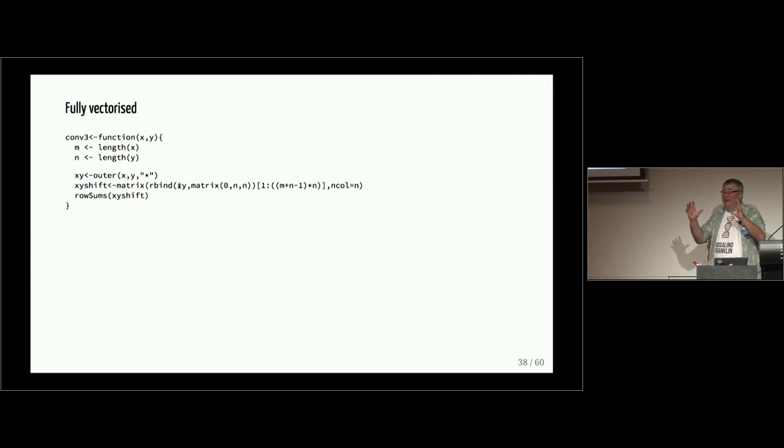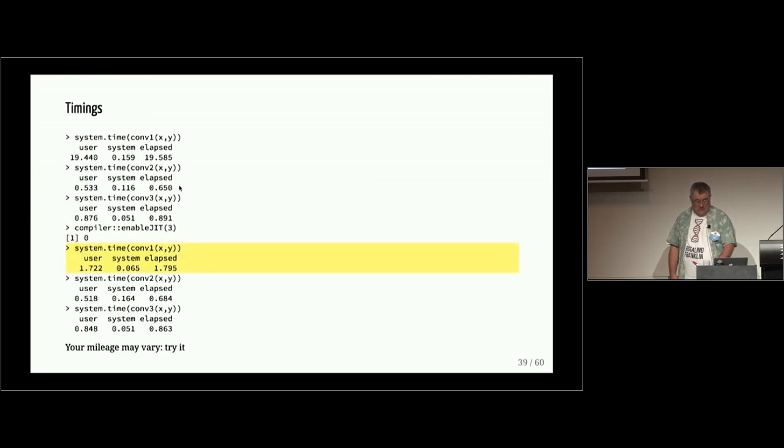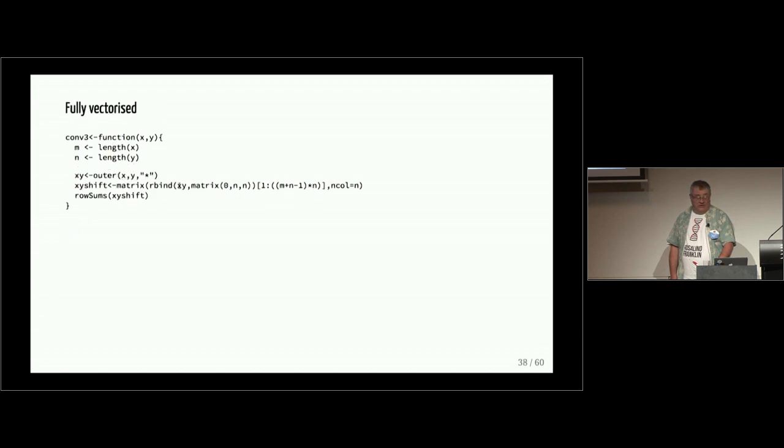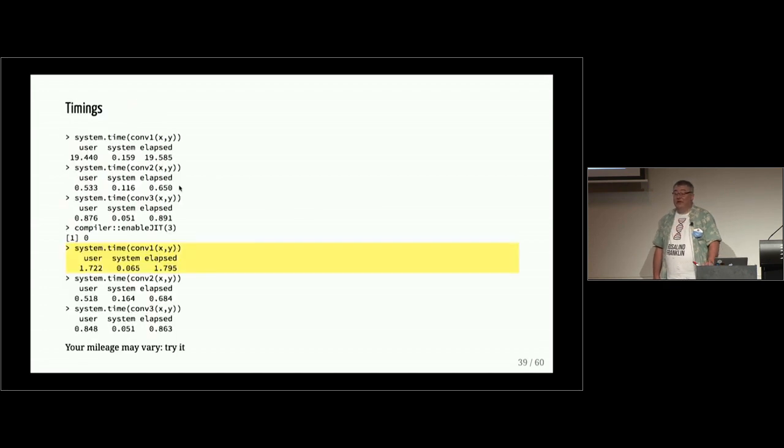Basically, you set things up so that the sums you're doing end up being row sums of a slightly expanded matrix. And the second version is certainly going to be faster than the first. Whether the third version is faster than the first is actually very sensitive to your machine and your version of R and stuff like that.